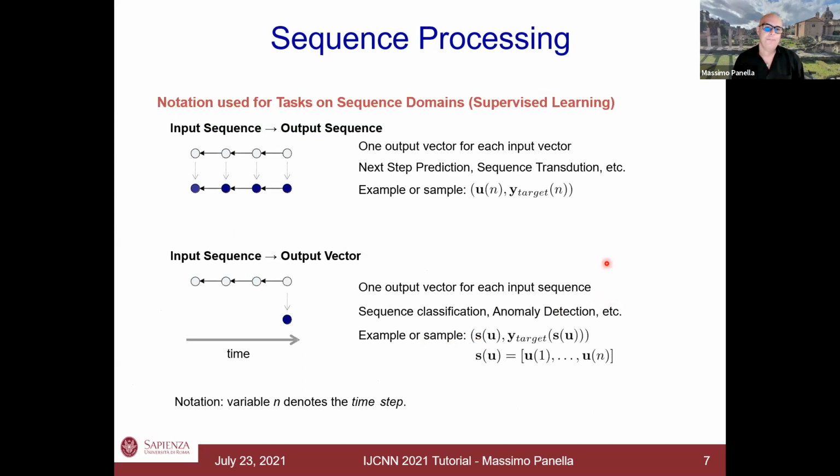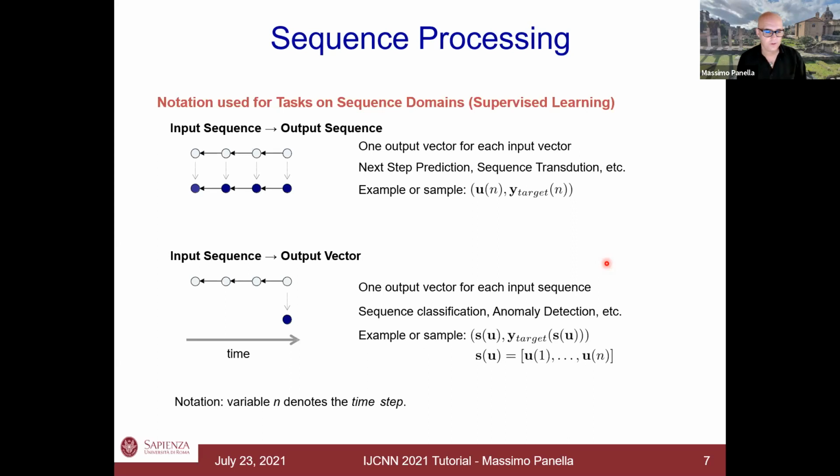Okay, in sequence or time series processing, we have two main problems. Next sample prediction, next step prediction, and so if you went through code in Python or MATLAB, in TensorFlow, Keras, MATLAB, you know that when you're using an LSTM layer, for example, you have to specify if the output is the last state or the entire sequence.